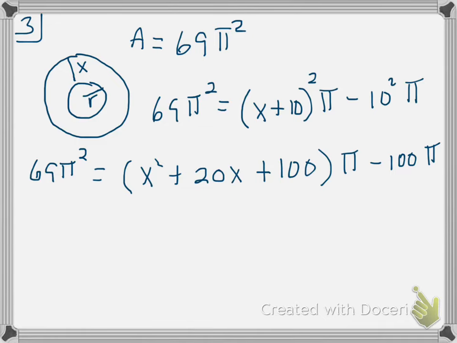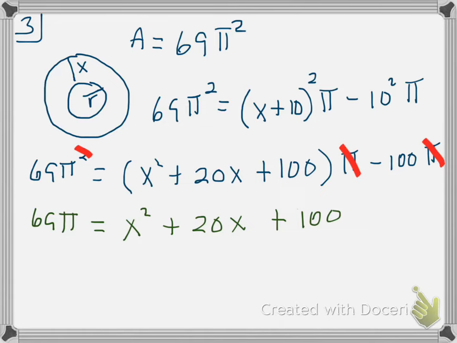So now what we can do is we can go ahead in here and cancel out a pi from everything. And that gives us 69 pi equals x squared plus 20x plus 100 minus 100.